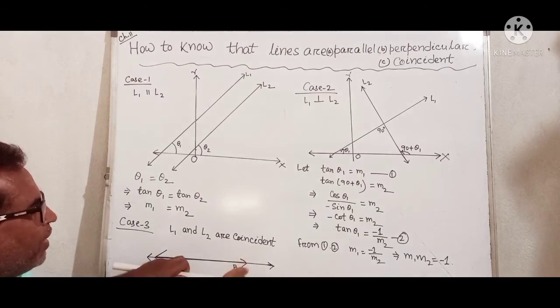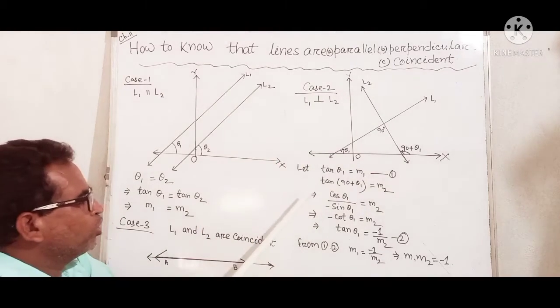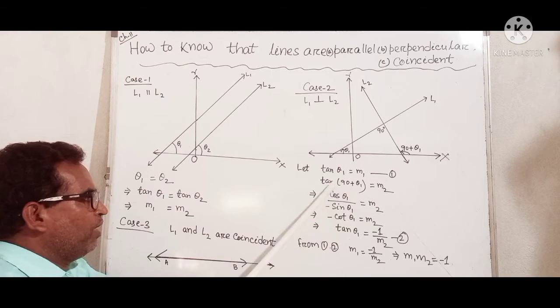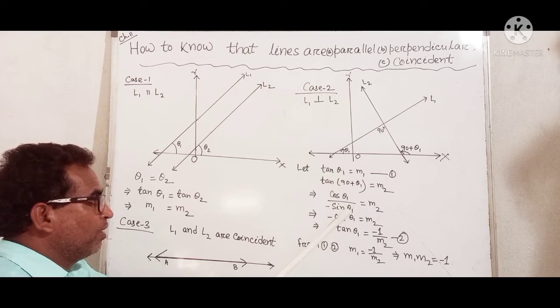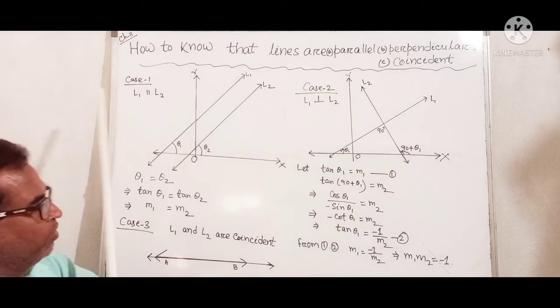So tan 90 plus theta 1 is equal to m2, which implies sin(90 plus theta 1) is equal to cos theta 1, and cos(90 plus theta 1) is equal to minus sin theta 1, so that is equal to m2.